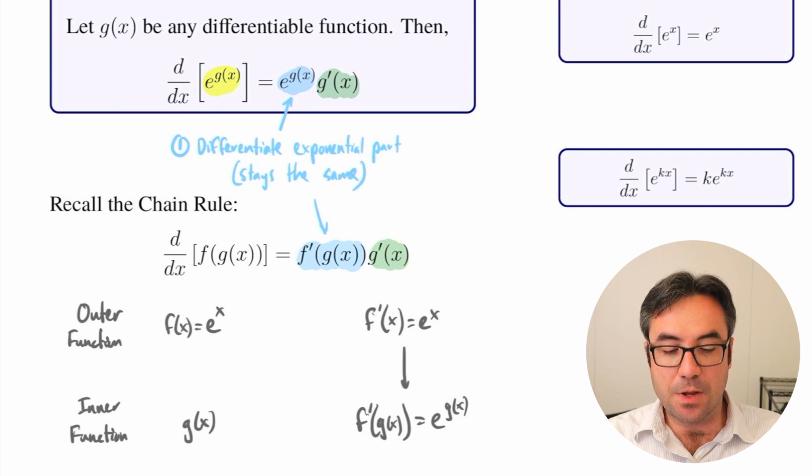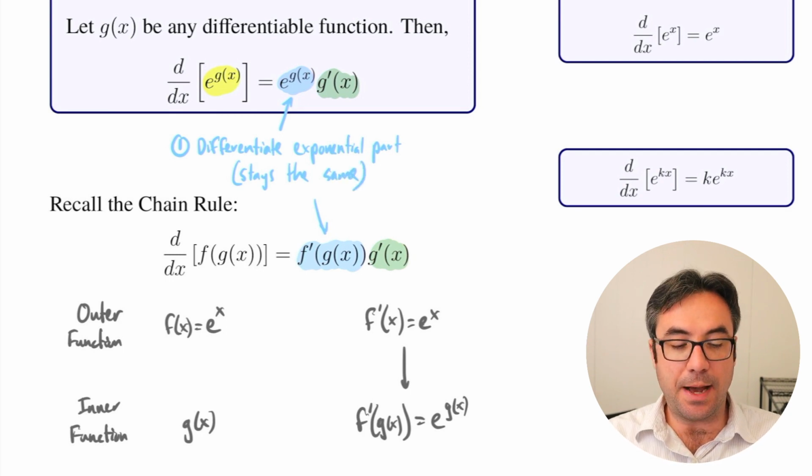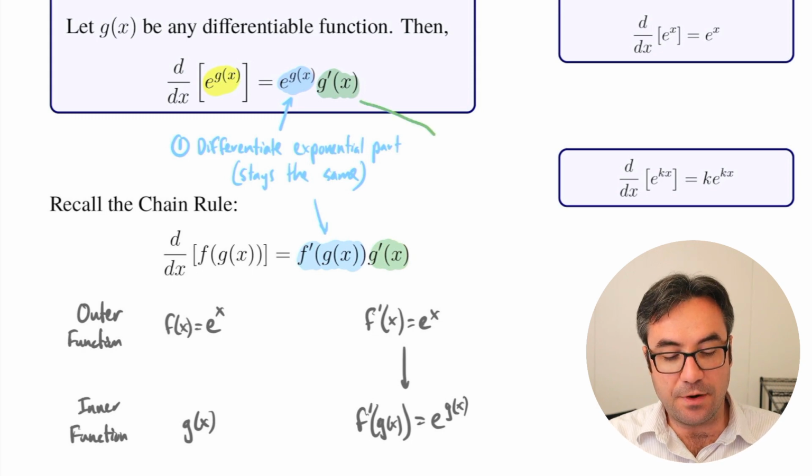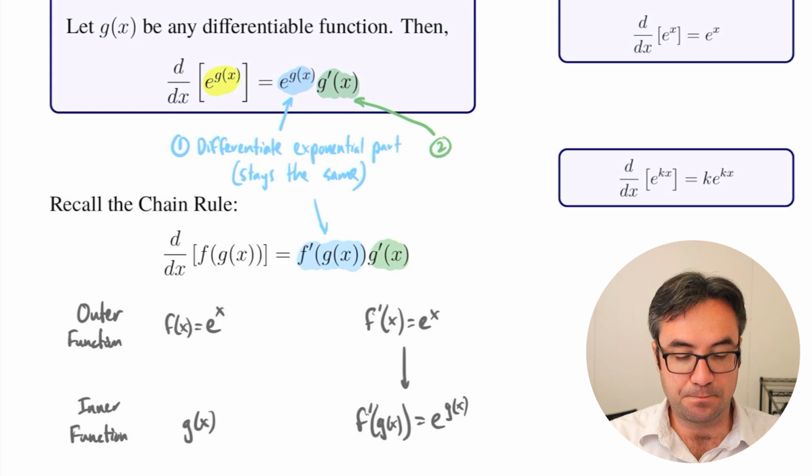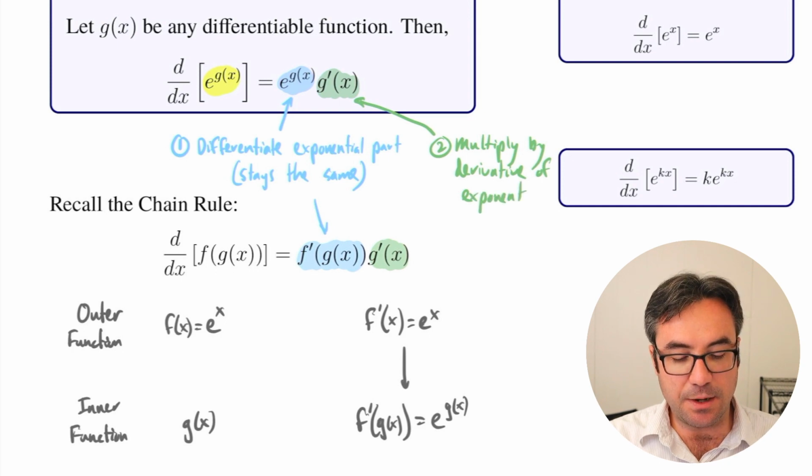And then we're going to multiply by the derivative of all the terms that we see up in the exponent.